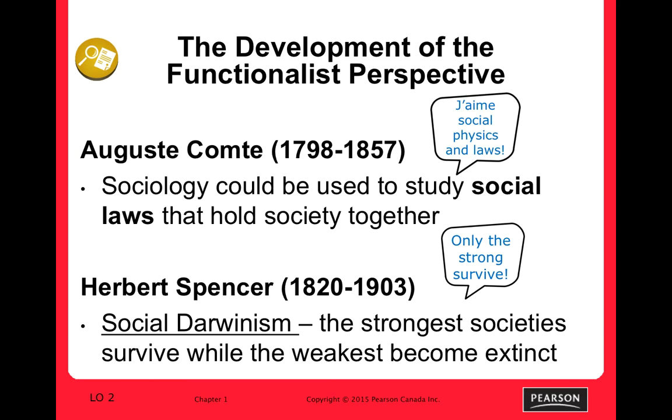So Auguste Comte is important, and he actually coined the term sociology. He said that sociology could be used to study social laws, which he thought were statements that we could make about our social lives. And he thought that we could do this through social statistics and social dynamics.